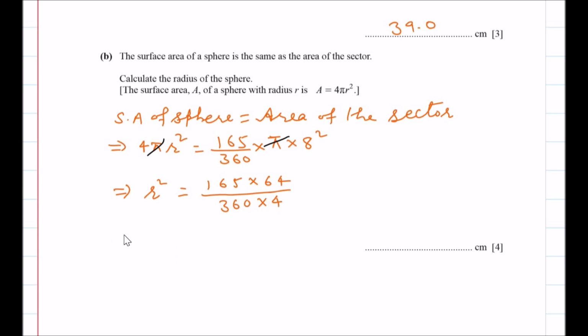Okay. Now let's put r. So we'll take root of 165 into 64 divided by 360 into 4, and that gives us 2.708, and so on.